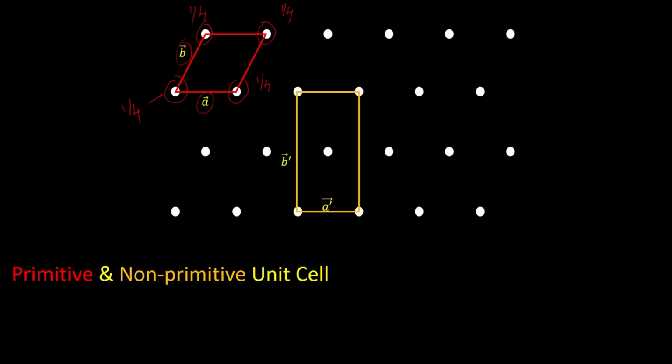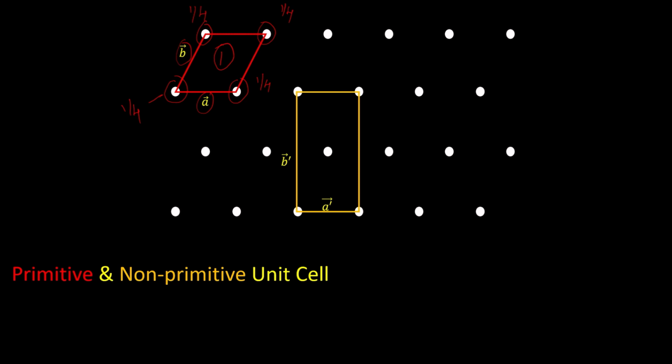So if you add all these 1 by 4 you will get 1. So this particular unit cell has an equivalent lattice point of 1. Hence we can call this a primitive unit cell, and it's a minimum volume unit cell and it contains only one lattice point.